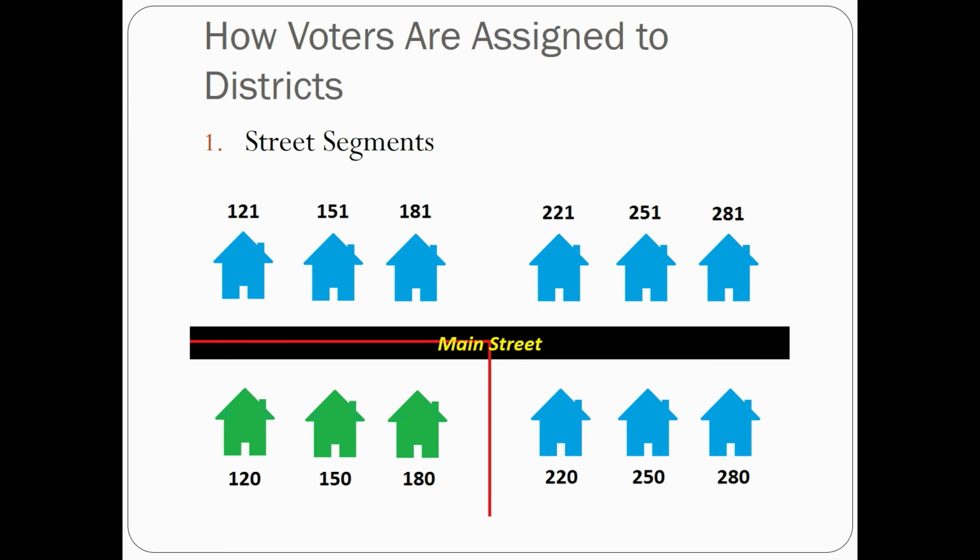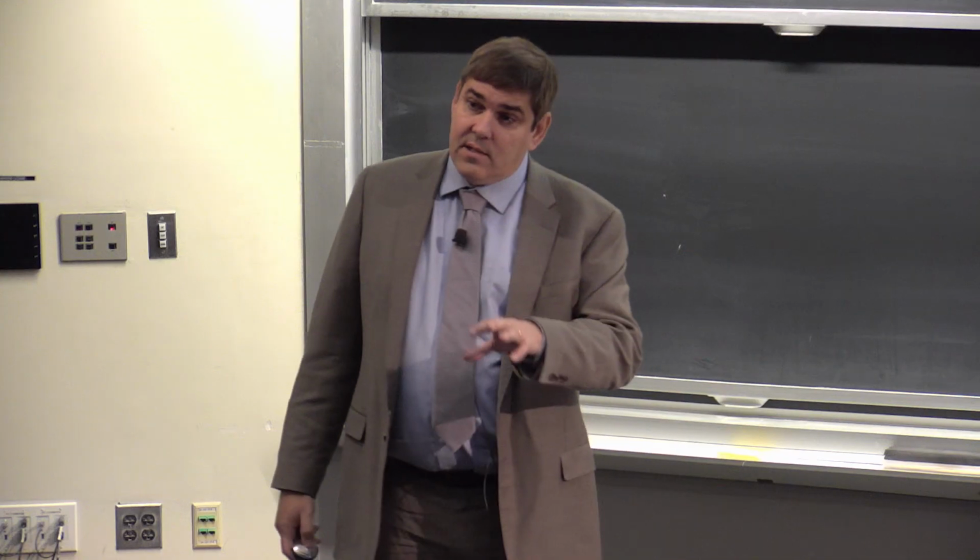District 2 might be that blue district, and it would have 101 all the way up to 199 or 299, or actually these segments would be incremental like that. So that's one method by which election officials identify precinct boundaries and how they assign voters to districts as well.